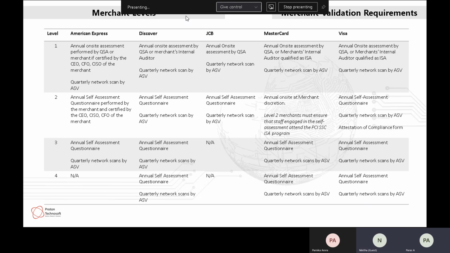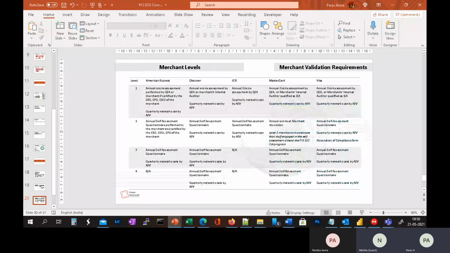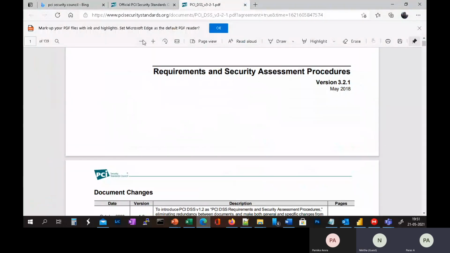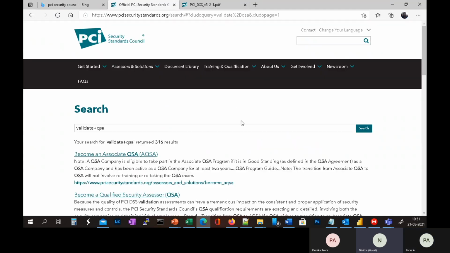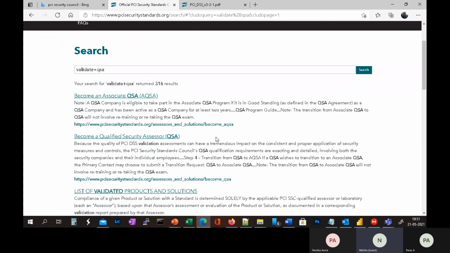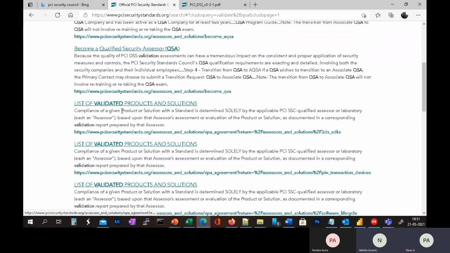Got it. And on the PCI website itself, you can verify the details of a QSA. So for example, if I show you quickly, if I see here and I say validate, let's say, the list of validated products and solutions.